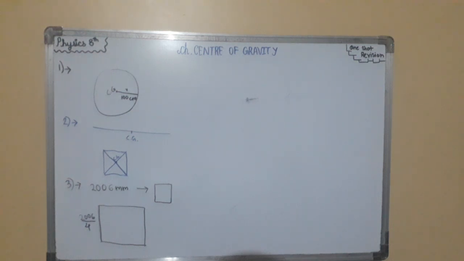When it is bent in the form of a square, these will be the two diagonals. Every side of the square is equal, which means every side will be 2006 upon 4. This will be the center of gravity.